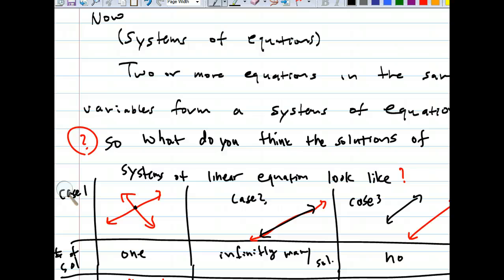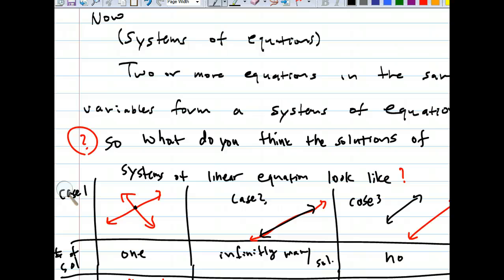So if you're going to talk about different equations, yes, it's possible. But for linear equations, these are the only three possible cases: either one solution where the two lines intersect, or no solution if they're parallel, or infinitely many solutions if they're touching at every point.